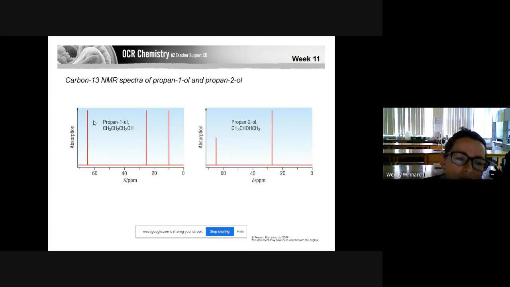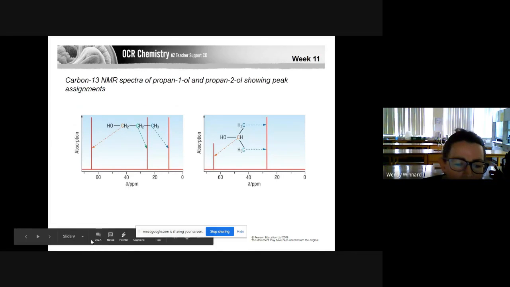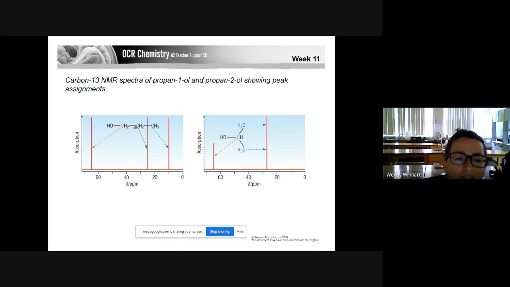Each carbon atom in propan-1-ol is giving out a different signal: this carbon here is different to this carbon here and a different signal to this carbon here.